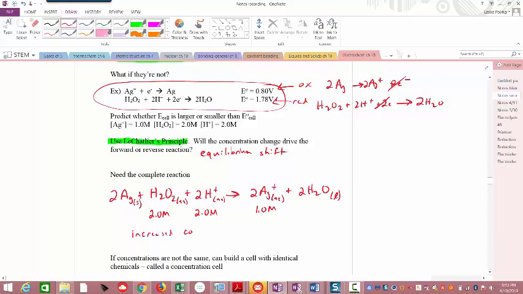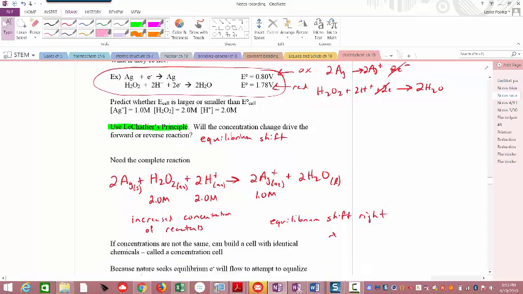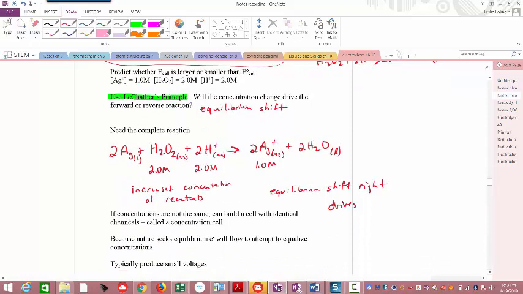So we increased the concentration of reactants. So equilibrium will shift to the right, which means it drives the forward reaction. Okay? So we could build a cell with different concentrations to produce small voltages.